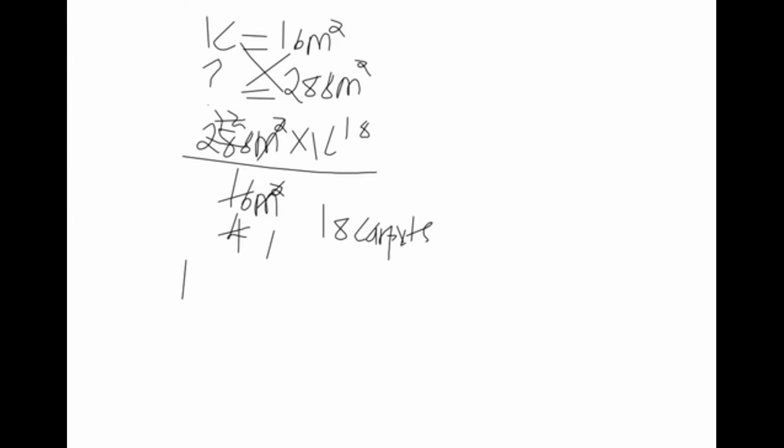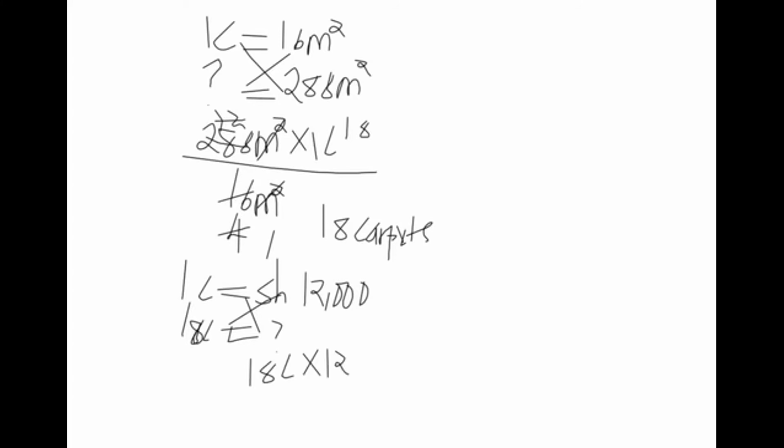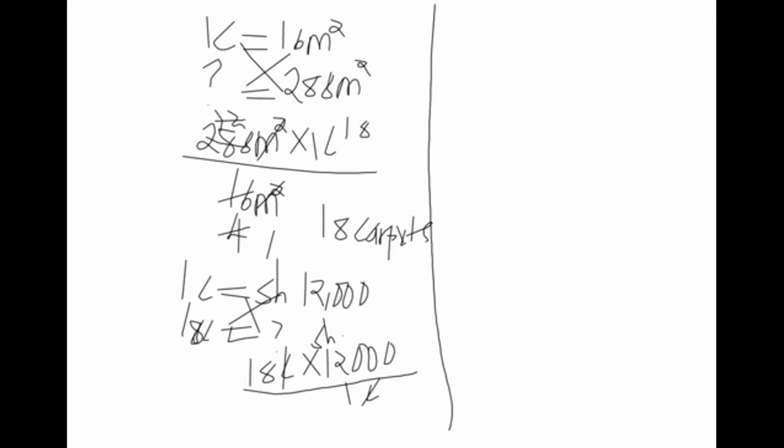And we are told that one carpet costs 12,000 Kenya shillings. What about 18 carpets? What does it cost? So we have 18 carpets multiplied by 12,000 Kenya shillings divided by one carpet. So carpet and carpet cancel. So we have 18 times 12,000.